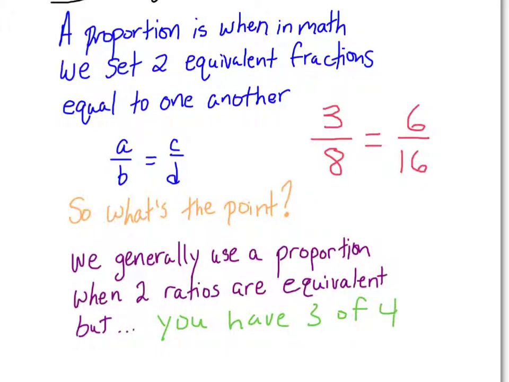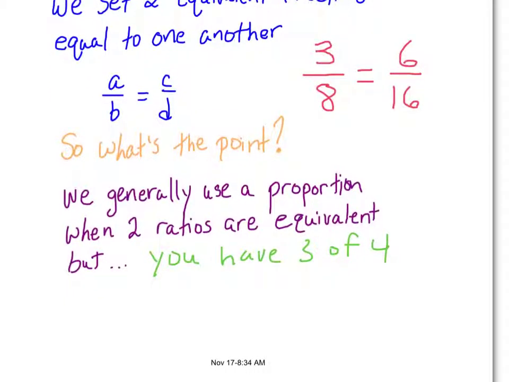So the information given in the problem would suggest that the ratios are indeed equal, but you're only given three of four pieces of information. And then you can solve the proportion to find the missing piece of information. All right, so let's go to the next page and we'll see how this works.